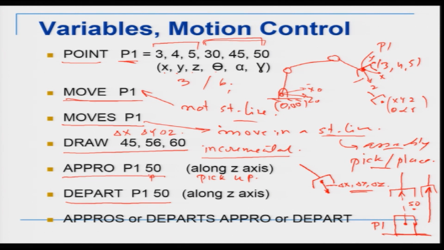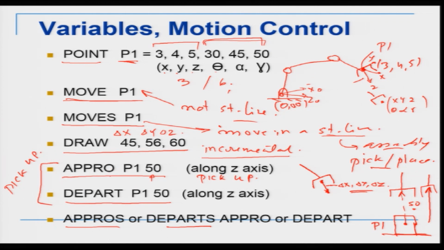Okay. So, approach and depart, this is basically used for picking up objects. Okay. So, approach is approaching an object, catch it and then go back. Depart is after catching you go back. So, approach S and depart S again means more or less the same. Approach S is approach in a straight line, and it is similar to approach and depart.